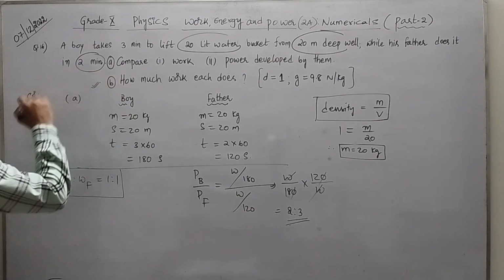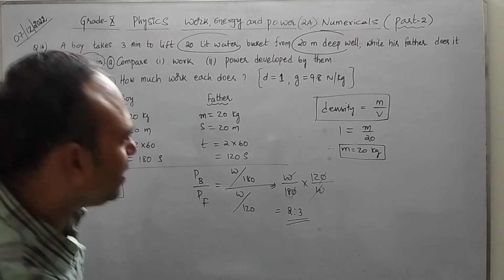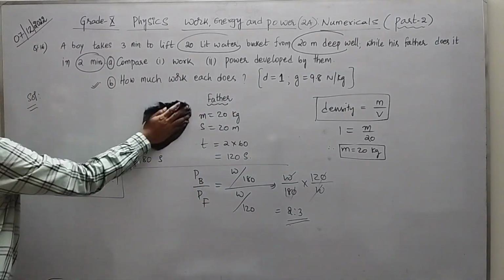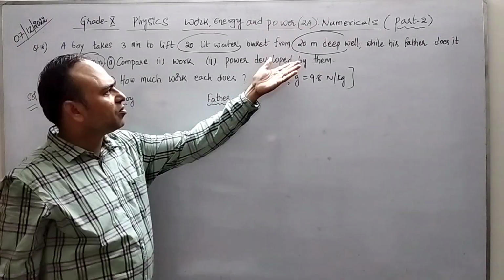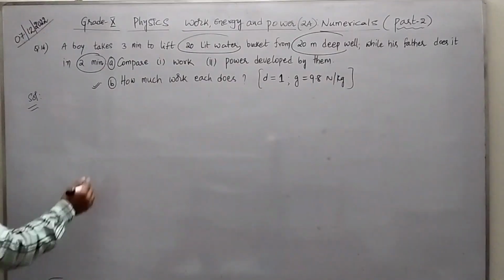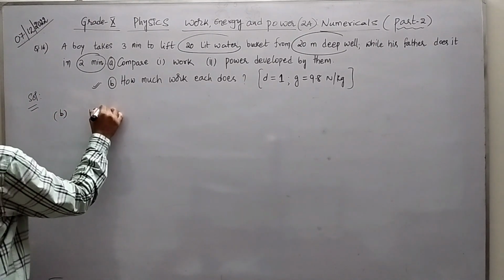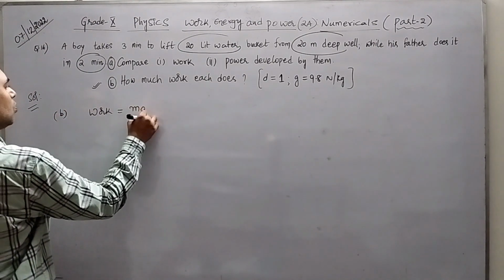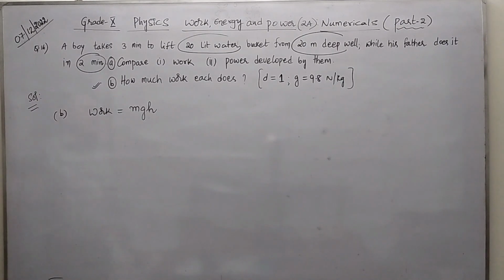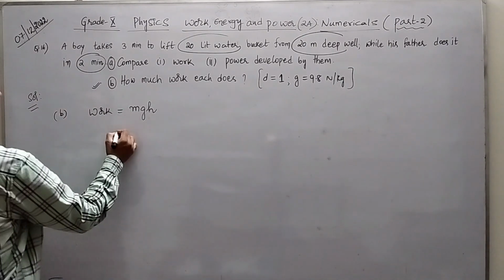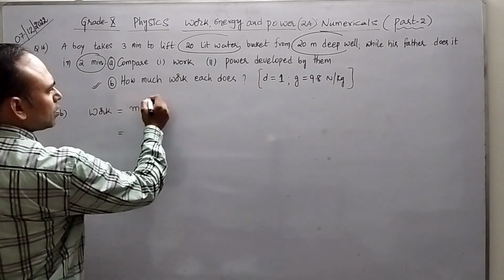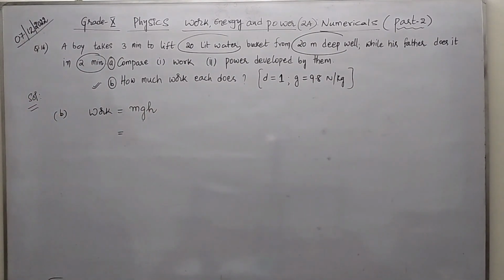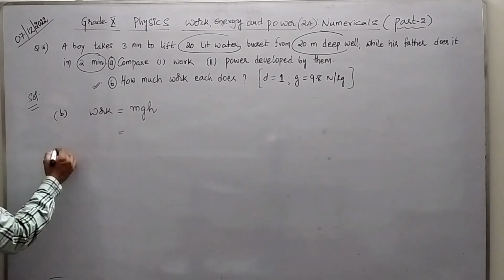Now let us calculate the work done in each case. Hope you have calculated. Now B, the work done is equal to mgh, we know. So what is the mass here?